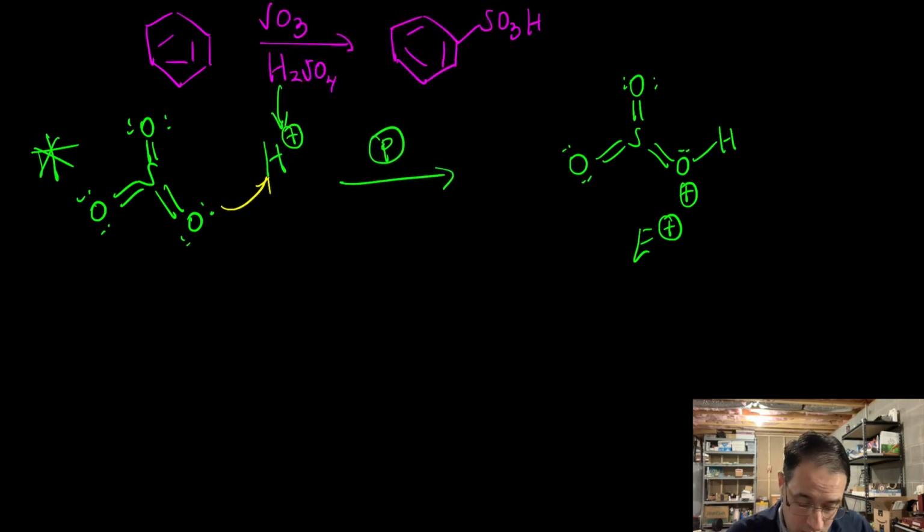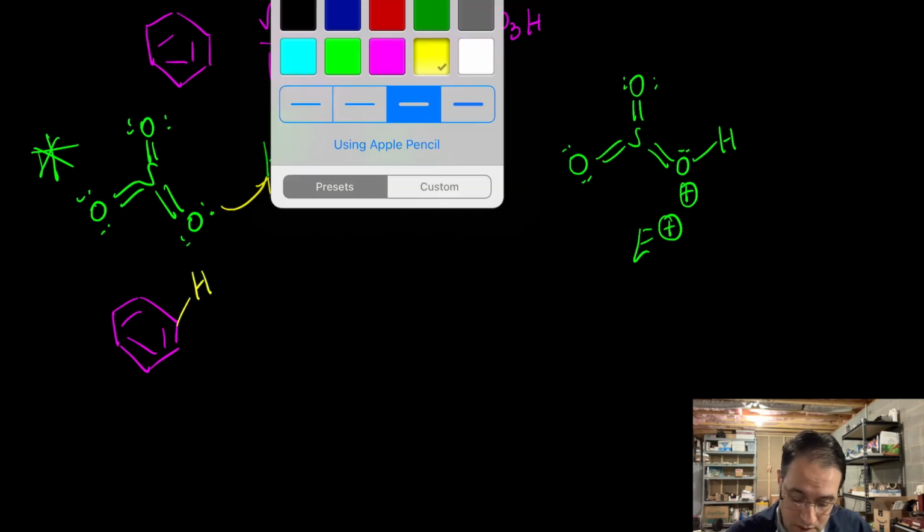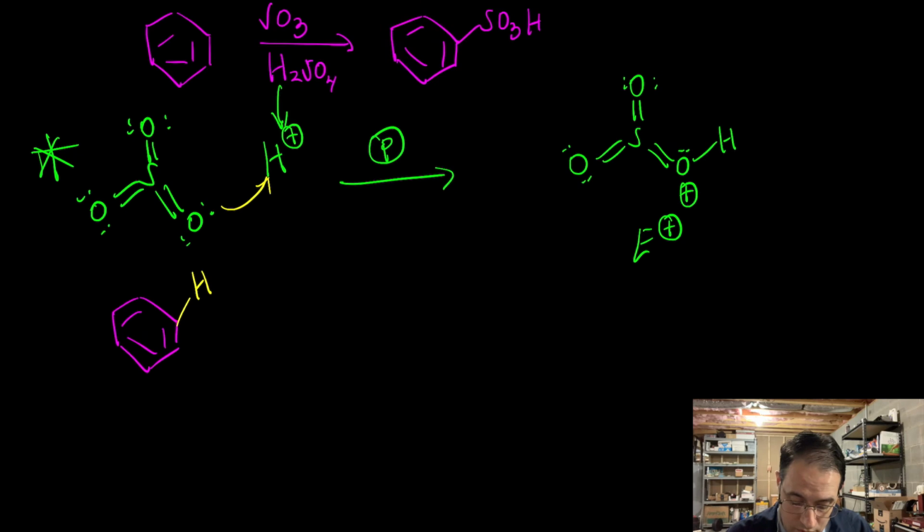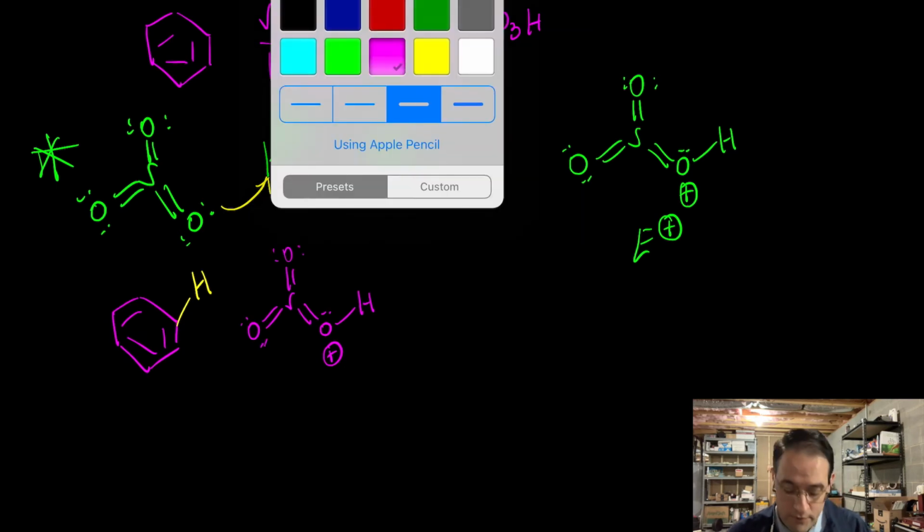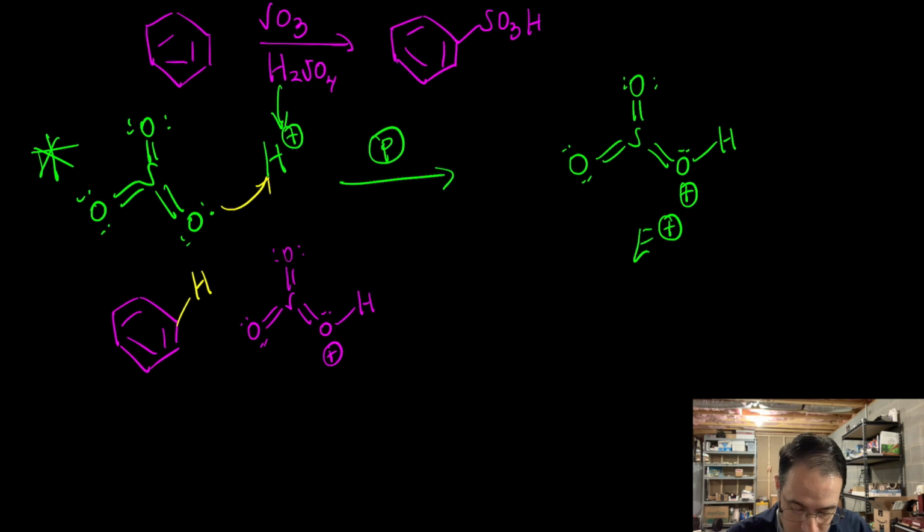In the next step, we have our aromatic ring. In this case, it's just boring old benzene, and I like to highlight that hydrogen here for you. And so we'll draw in our electrophile. This looks very weird at first, but let's go ahead and attack the sulfur atom here and push the arrows towards the positive.